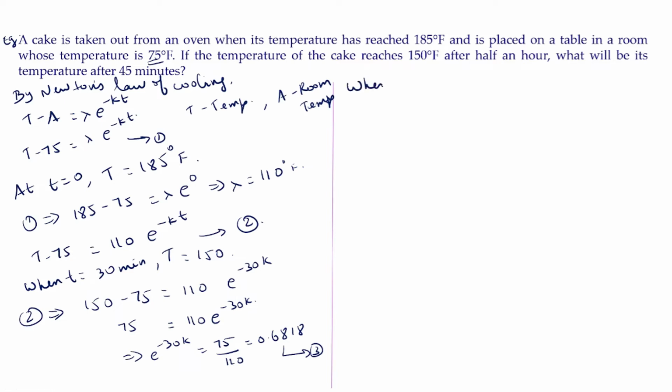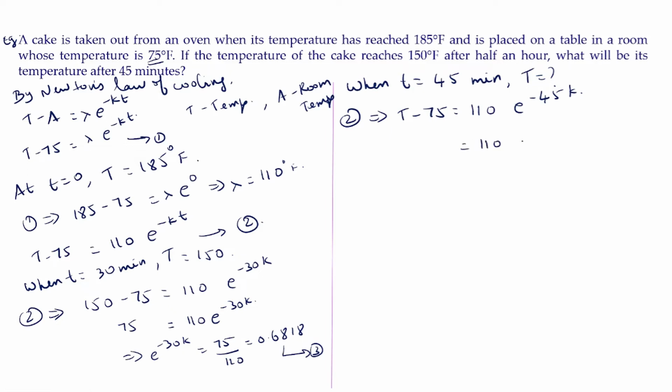So, when t equal to 45 minutes, we need to find the temperature T. From the second equation, T minus 75 equal to 110 into e raised to minus 45k. We already have e raised to minus 30k as 0.6818.